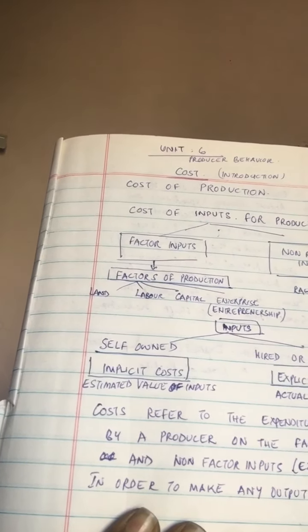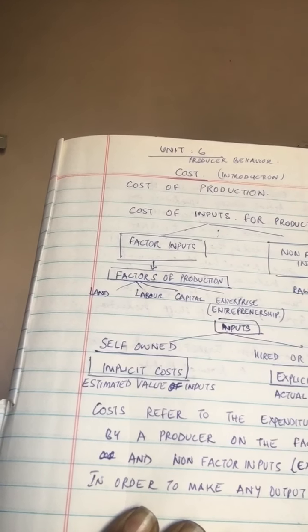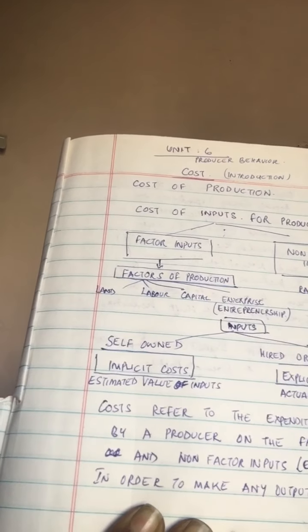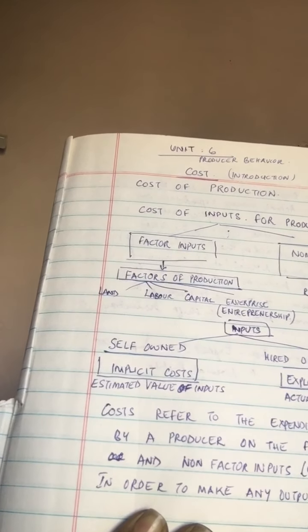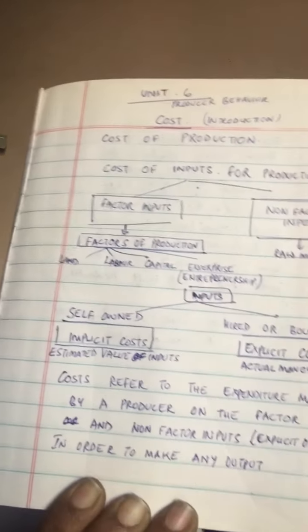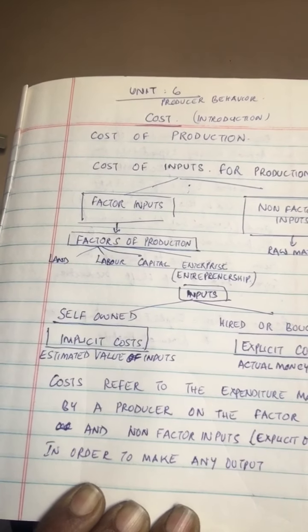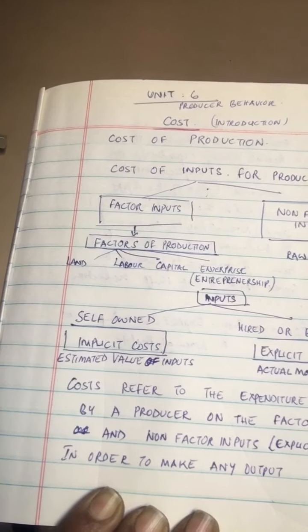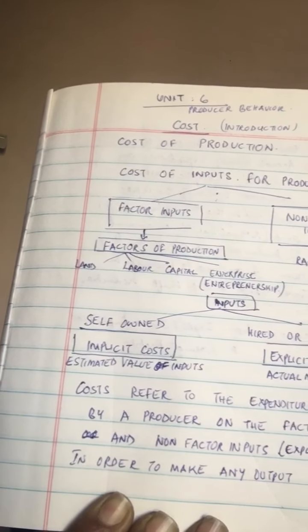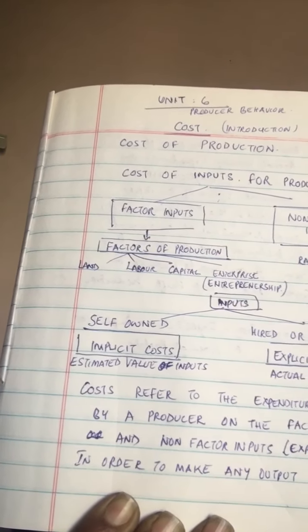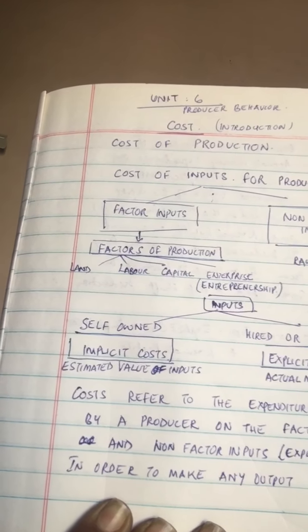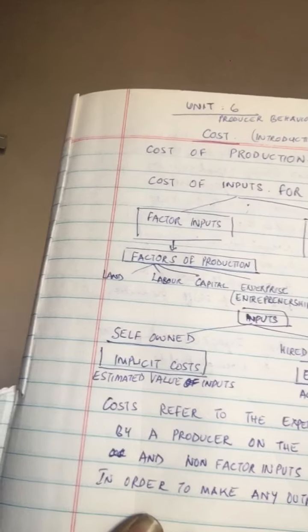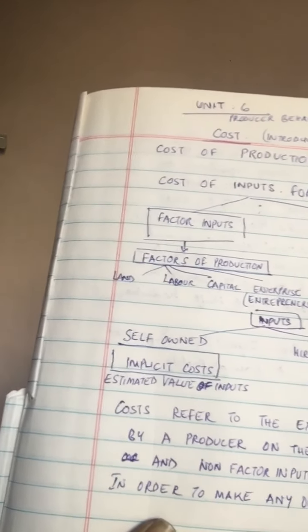So the expenditure on these self-owned factors of production is known as implicit cost. And suppose he buys or hires inputs, which is mostly the case, like factors of production, then in that case it is known as explicit costs.